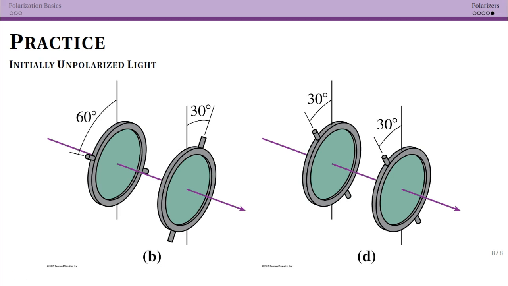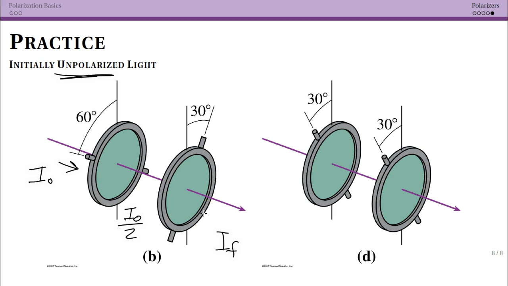To do some really quick practice, let's look at these two scenarios here. And the question is, if we have initially unpolarized light, what is our final intensity? So if we have some initial intensity here, we know that in the middle we now have I naught over 2. Why? Because if it was initially unpolarized, once we pass it through a polarizer, we get I naught over 2.